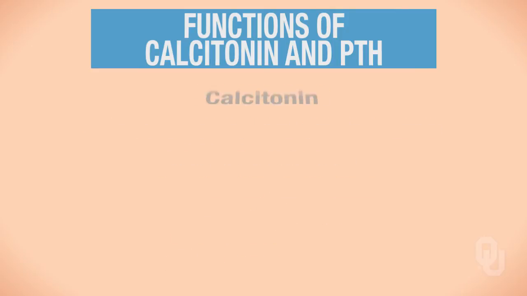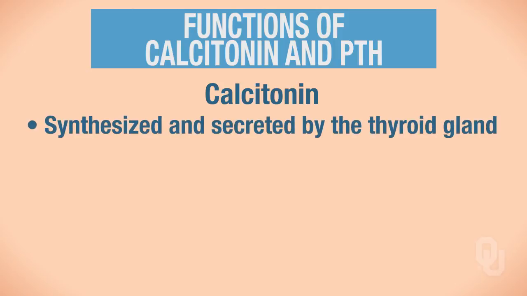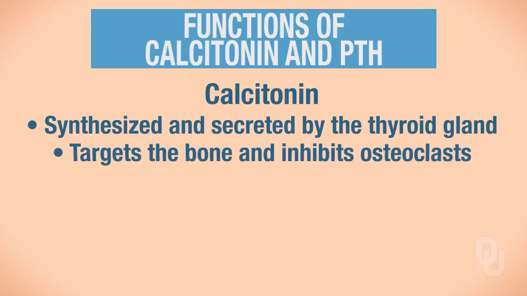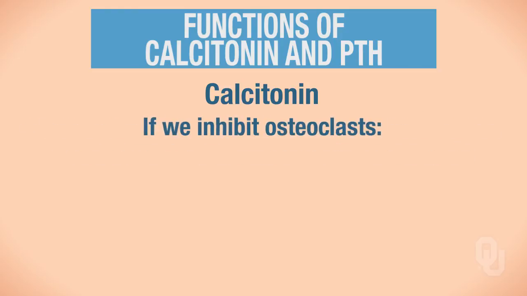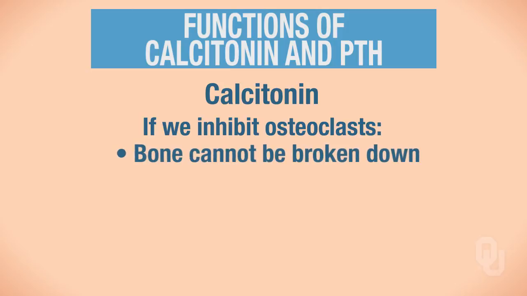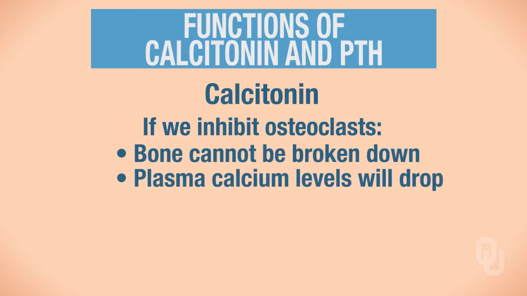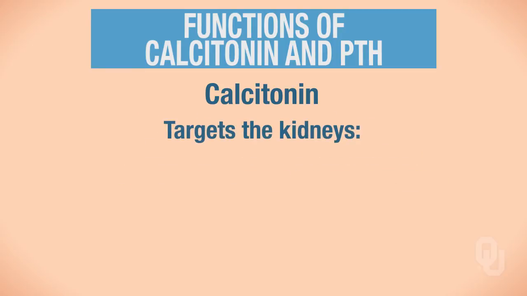So let's look at calcitonin. Calcitonin, remember, is synthesized and secreted by the thyroid gland. It targets the bone and it inhibits the osteoclasts. If we inhibit osteoclasts, bone cannot be broken down, and if bone cannot be broken down, your plasma calcium levels will decrease. Calcitonin not only targets the bone, it also targets the kidneys.